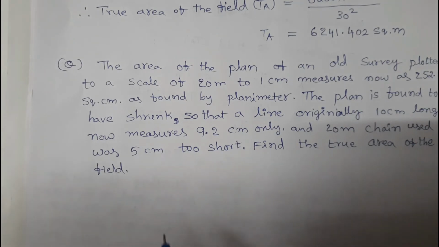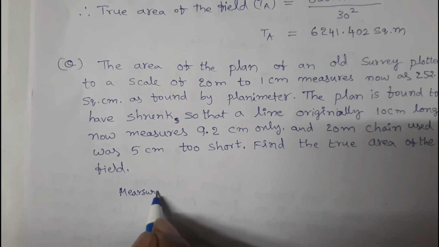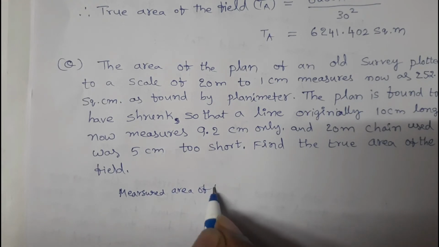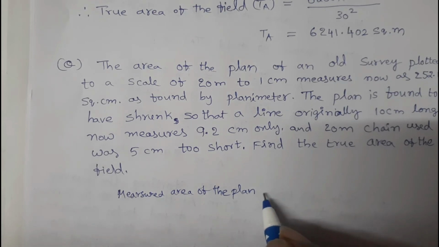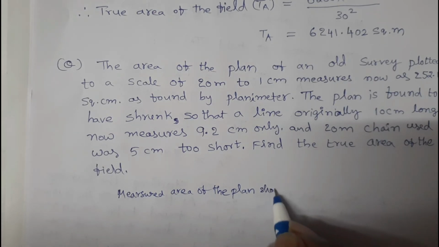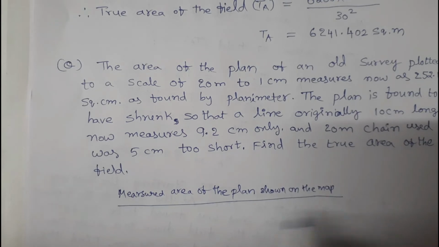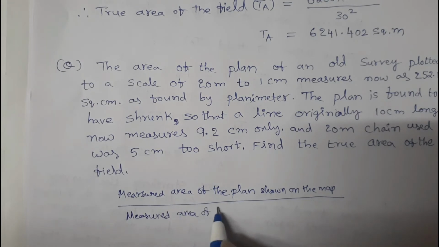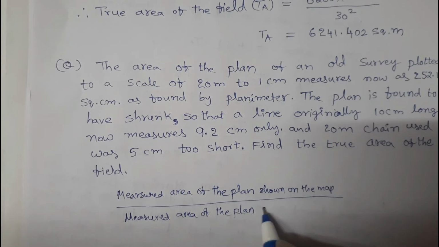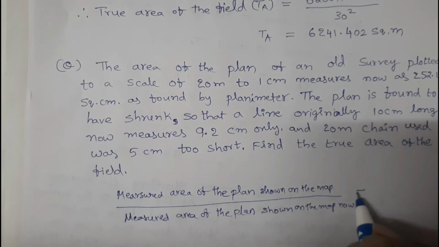So based on this data, we can write measured area of the plan shown on the map divided by measured area of the plan shown on the map now.